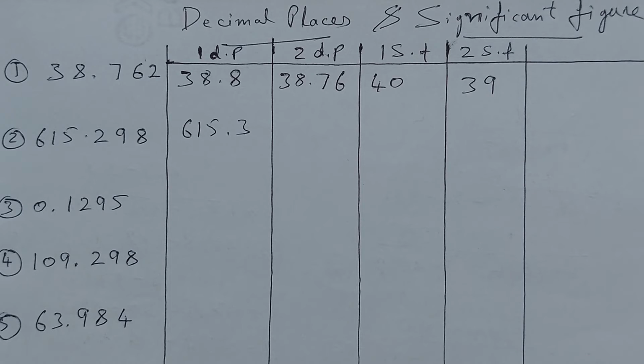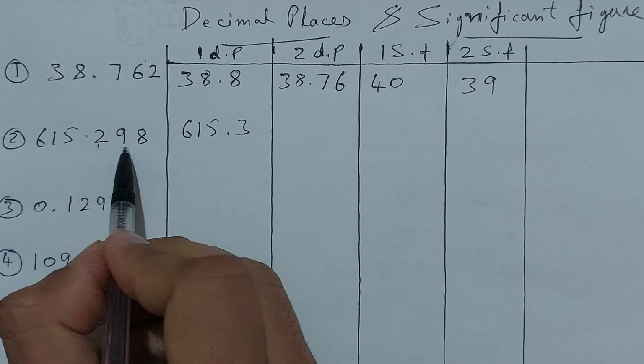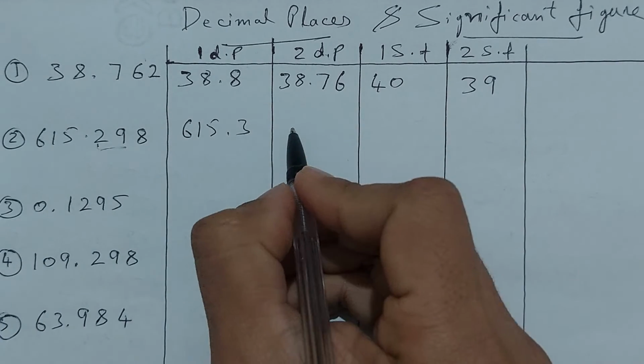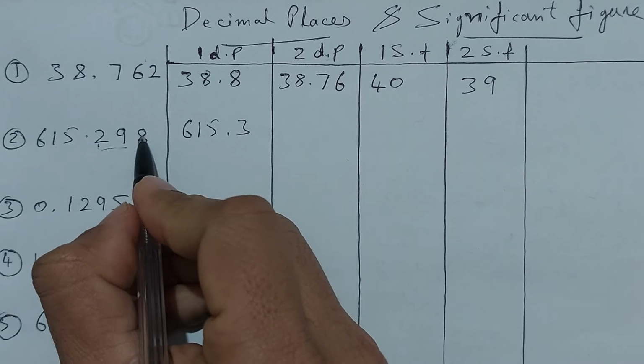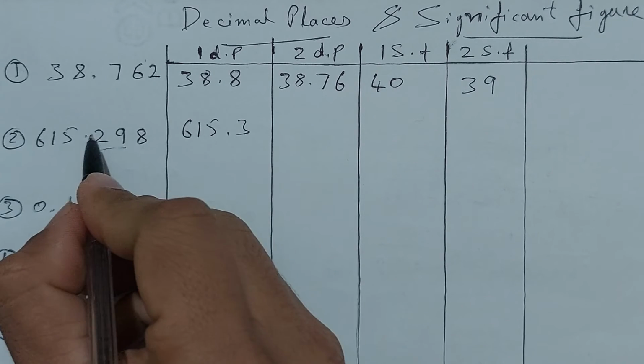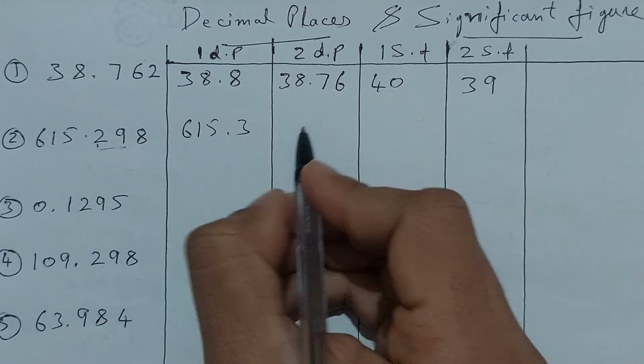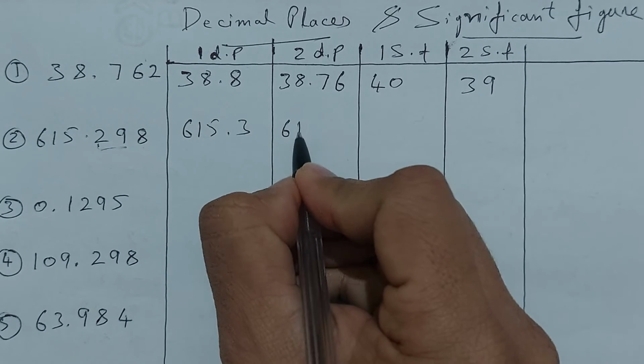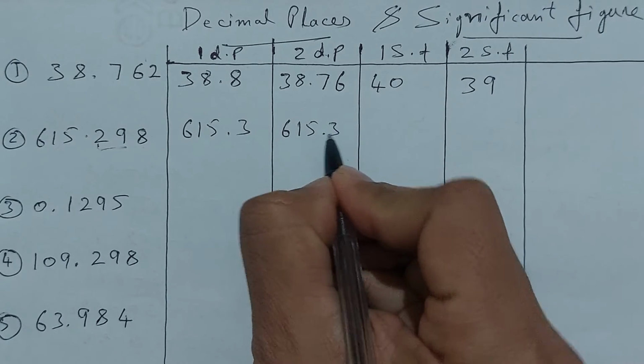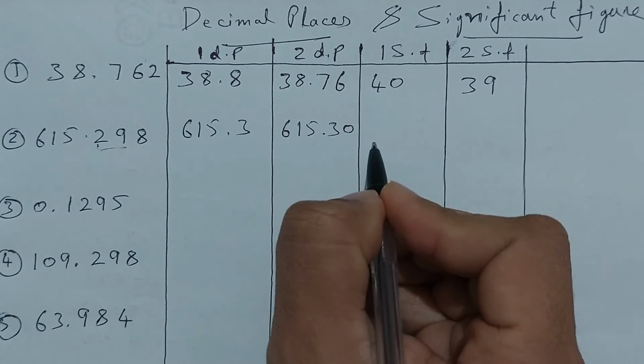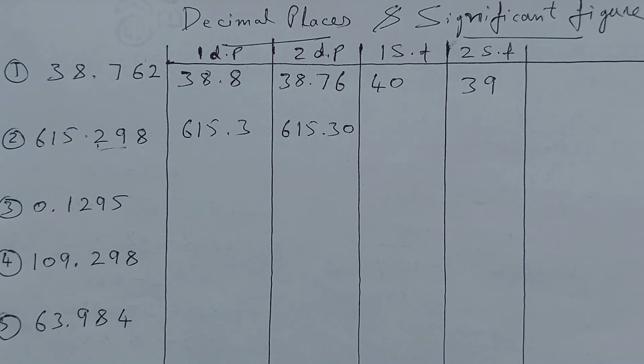That's it. And for two decimal places, go for these two numbers. If the next number is bigger, it'll give 1 to that. That will become 10, and it'll give 1 to that. It'll become 3. So it's 615.30. Since it's two decimal places, we can't just leave it, we put a 0 to that.